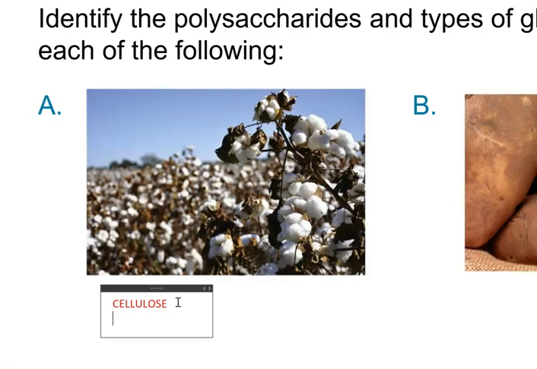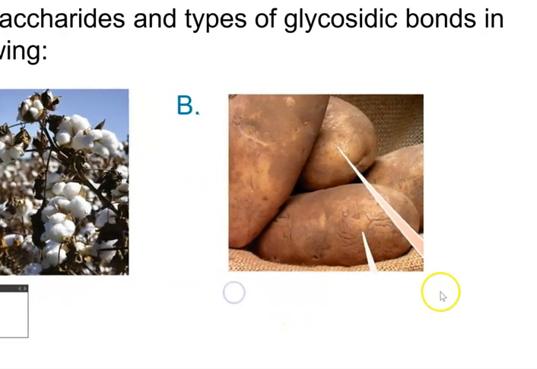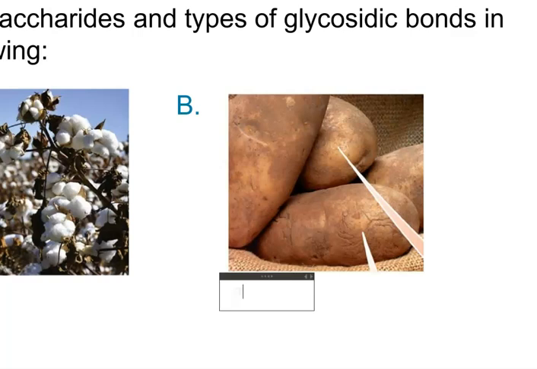Type of bonds, beta. Okay. What about that on the right? What type of polysaccharide in potatoes? Starch.